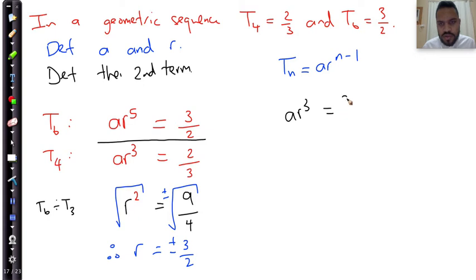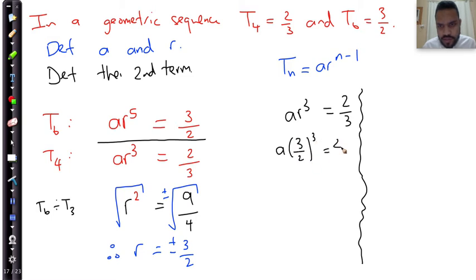is equal to 2 over 3, and remember you're going to find two values, because you've got negative 3 over 2 and positive 3 over 2. This is just a times r cubed. r cubed over here will be 3 over 2 cubed, and that equals 2 over 3.